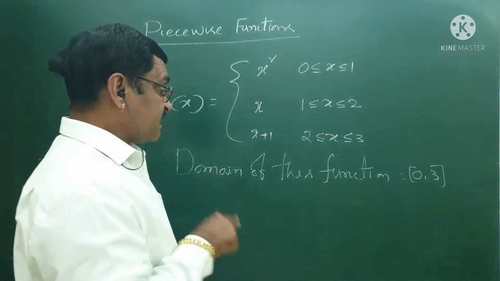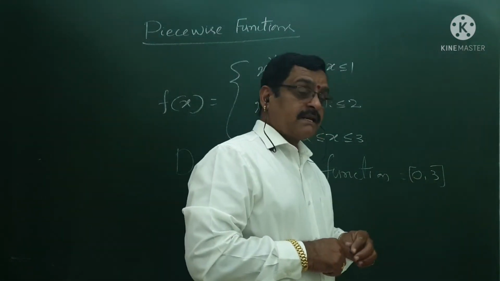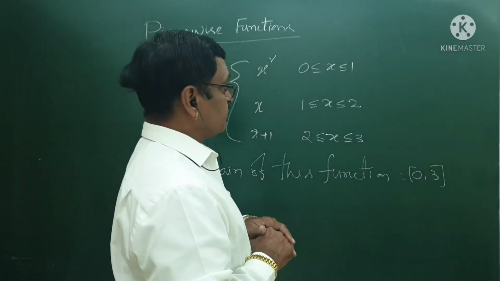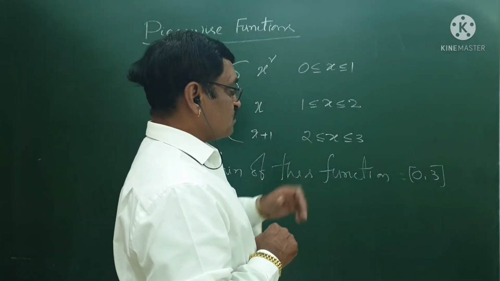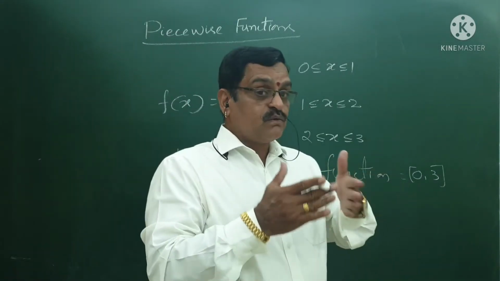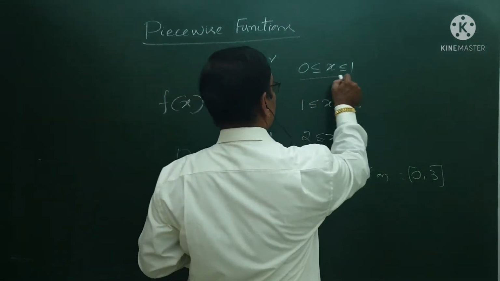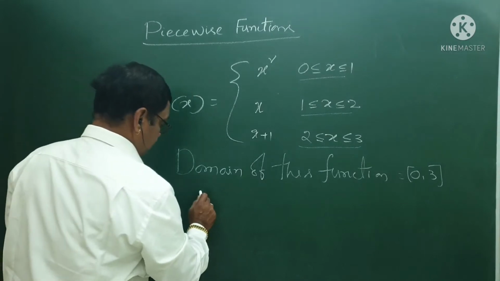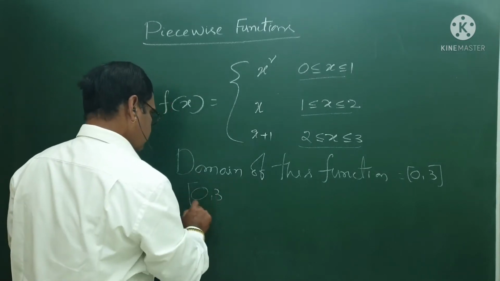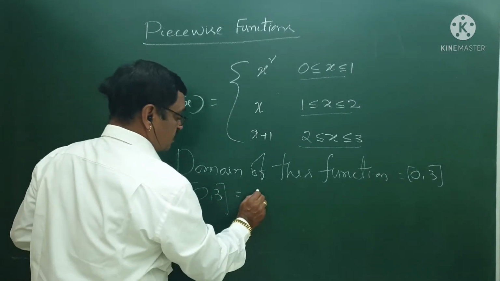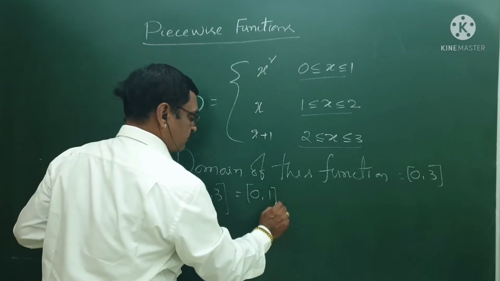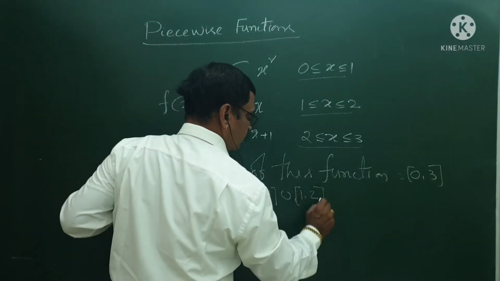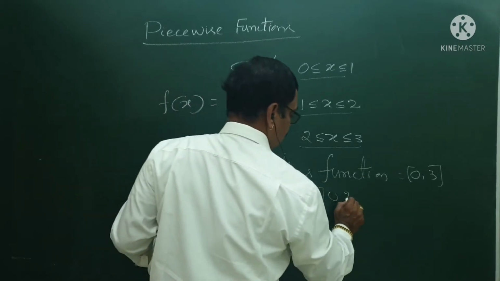This domain 0, 3 is split into 3 parts: number 1, number 2, number 3. It is written as 0, 1 union 1, 2 union 2, 3.